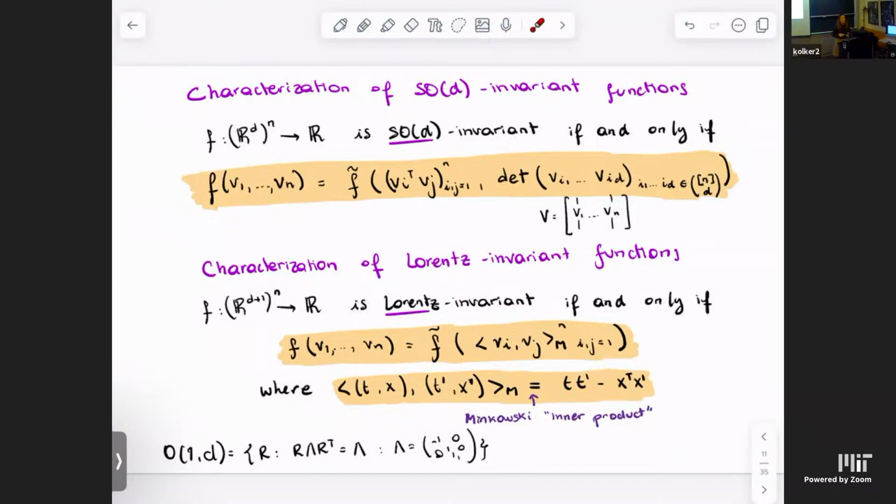If you're looking at the special orthogonal group, you have to look at the inner products and the d by d subdeterminants of the matrix of points. Basically, you look at what the generators of the algebra of invariant polynomials are, and then you can say that every invariant function can be approximated by functions of those.